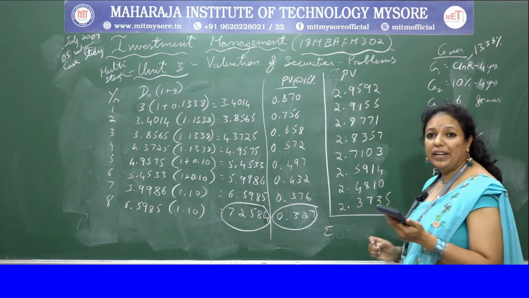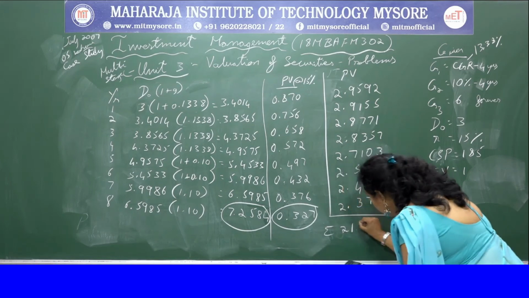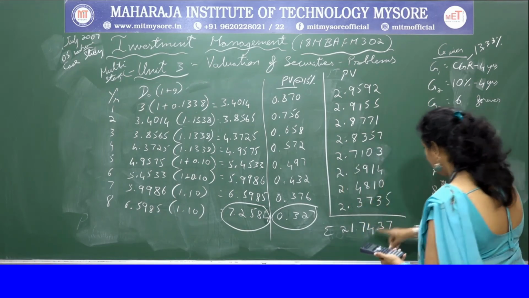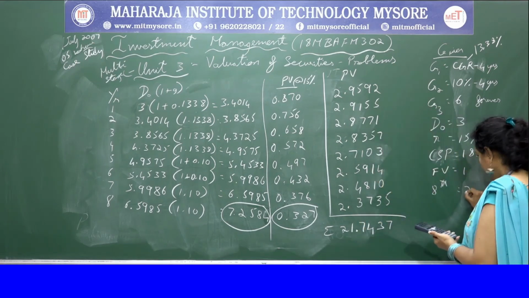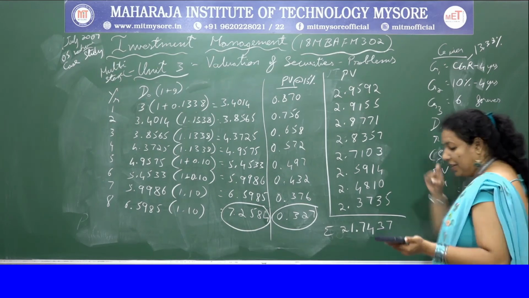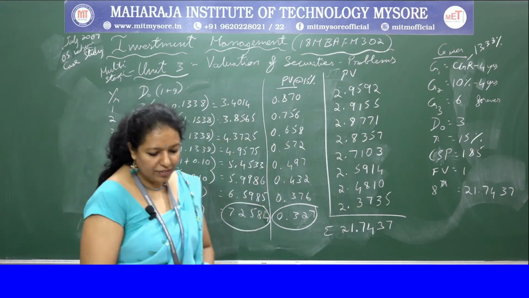So total you get 21.7437. So I'll write the same answer here. Okay, 8th year you get 21.7437. Okay, so this is the first stage where we have done.